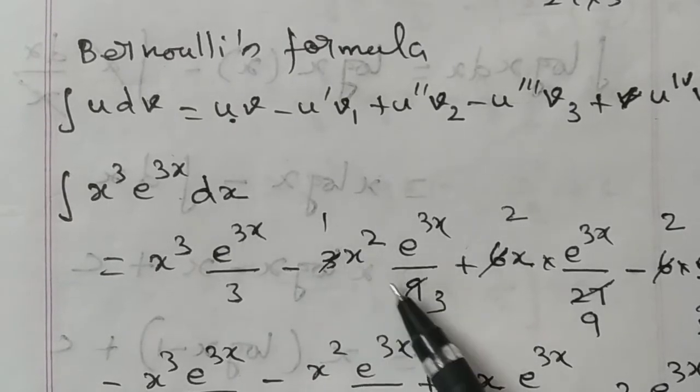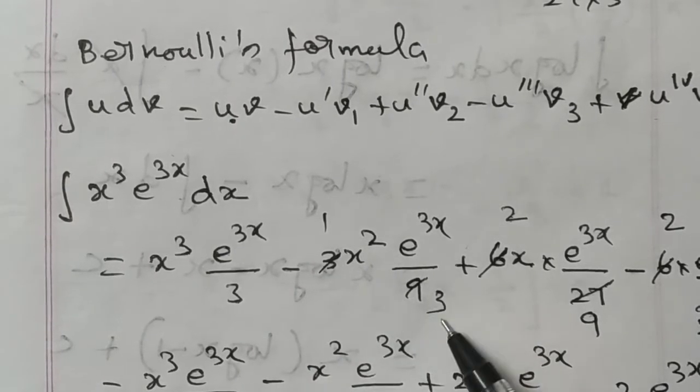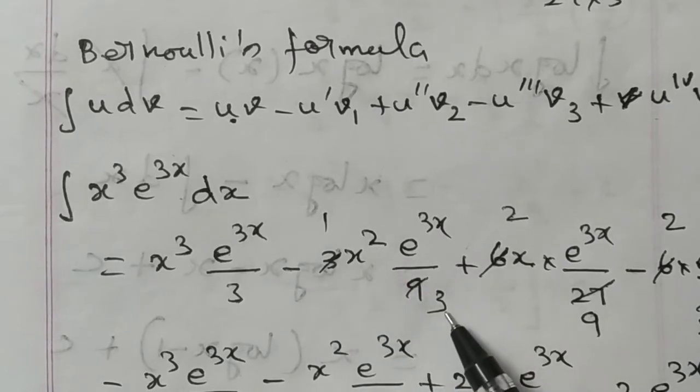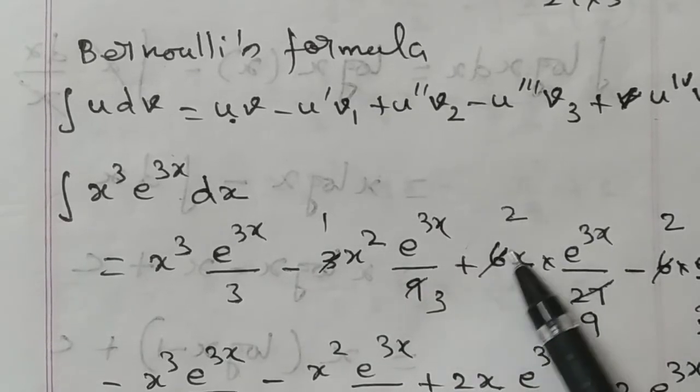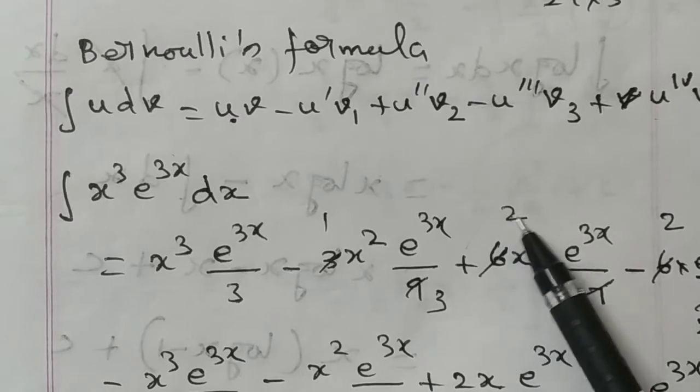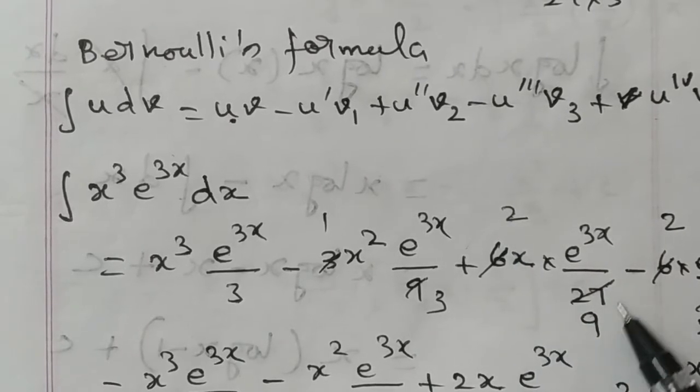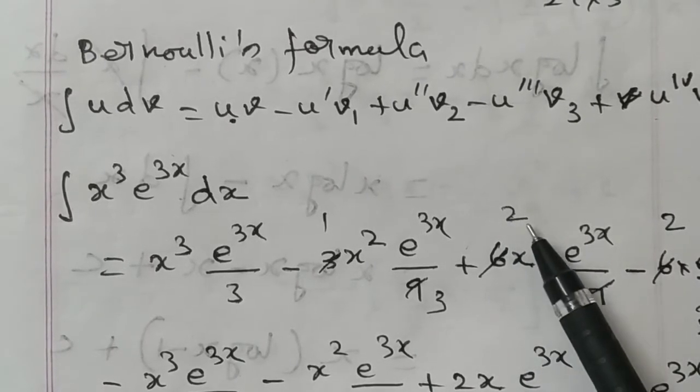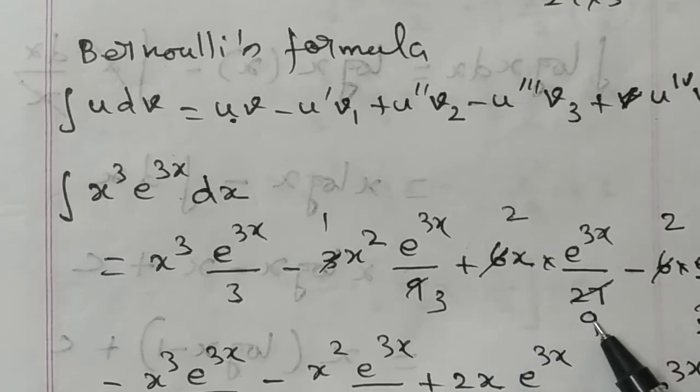Here 3 and 9 cancel, we get 1 by 3. Here 3 cancels, 2 threes are 6. Here 3 cancels, 9 threes are 27. Here also cancel, so we get 2.